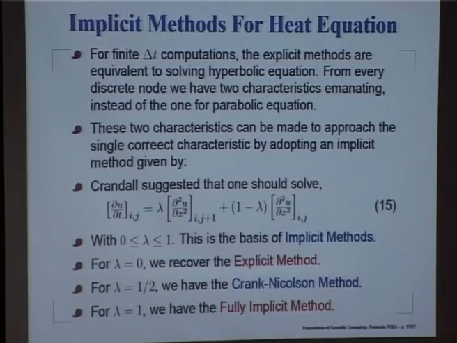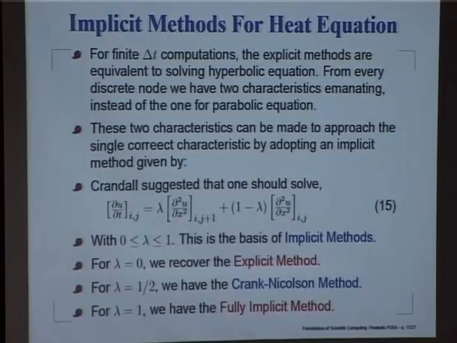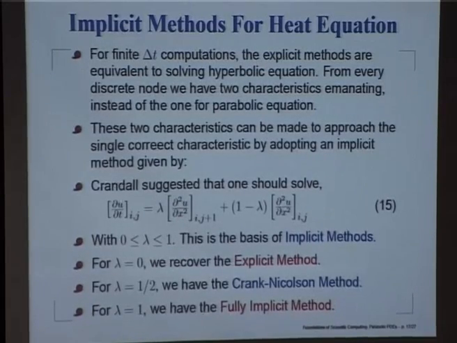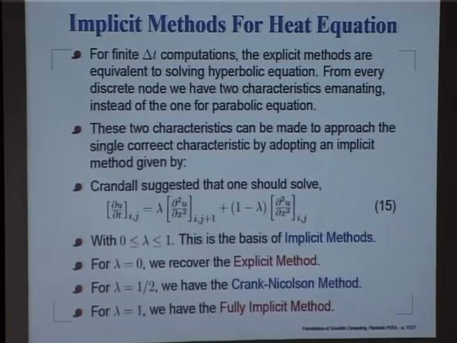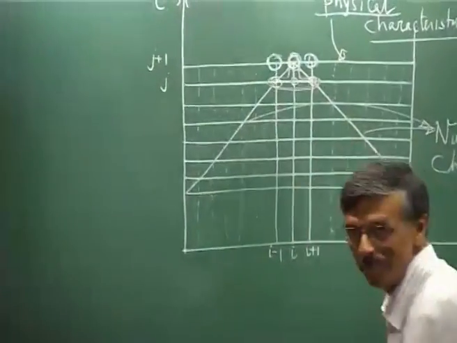One of which is if I take lambda equal to 1, then of course this term switches off and all the contribution of the derivative comes from the advanced time level. So basically you are going to have a computational molecule having these 3 points only, okay?